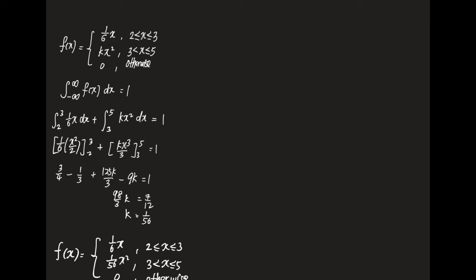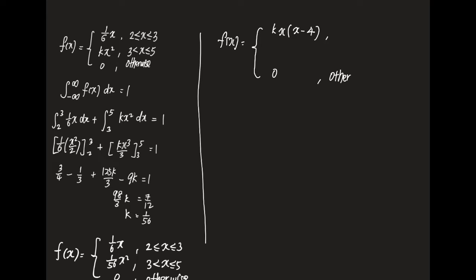Let's say we set out a function here, f(x) equal to kx(x minus 4), 0 otherwise, for the interval from 0 to 4.